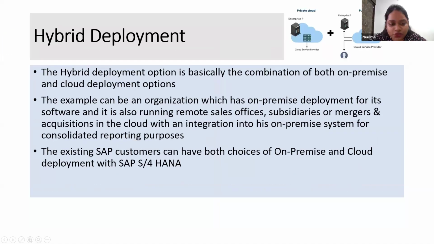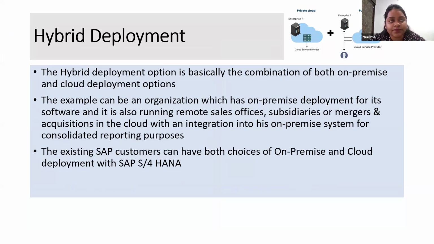And coming to the next one, which is hybrid deployment. Basically, hybrid deployment is a combination of both the on-premise and the cloud deployment. In this approach, some parts of the business will run on the company's own servers, while others will run on the cloud.